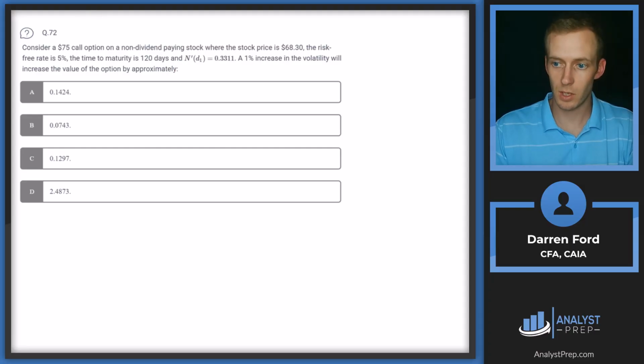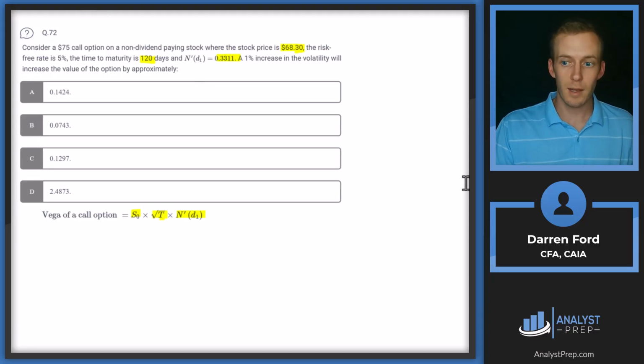value is. So the Vega of a call option is going to be right here, which is equal to the stock price, our S variable, times the square root of T, which would be 120 days over 1 year's worth of days, so 120 over 365, and then multiplied by N(d1), which is given right here at 0.3311.